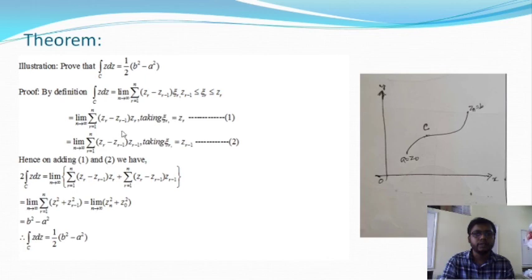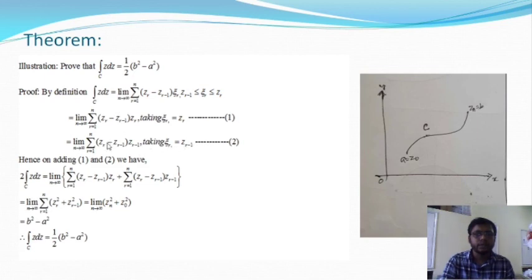Next, if we take xi_r equal to z_{r-1}, then the Riemann definition of integration will be changed, and it will be the limit as n tends to infinity of summation r equal to 1 to n of (z_r minus z_{r-1}) into z_{r-1}. So in the first equation we take xi_r equal to z_r, and in the second equation I will take xi_r equal to z_{r-1}.